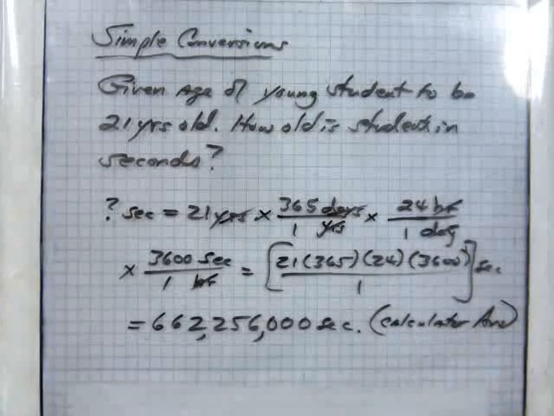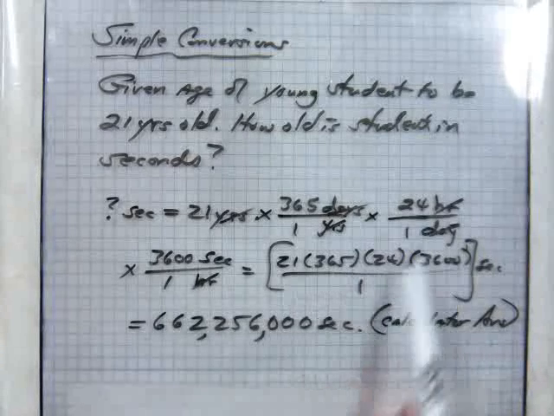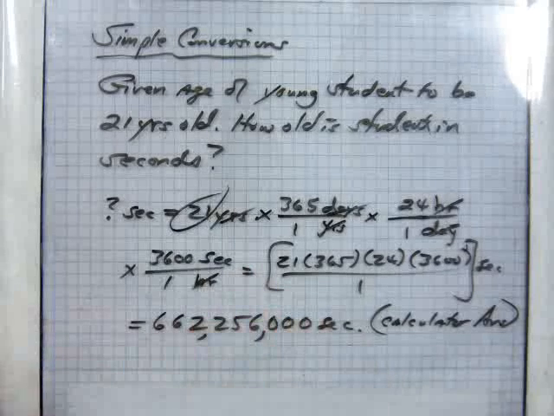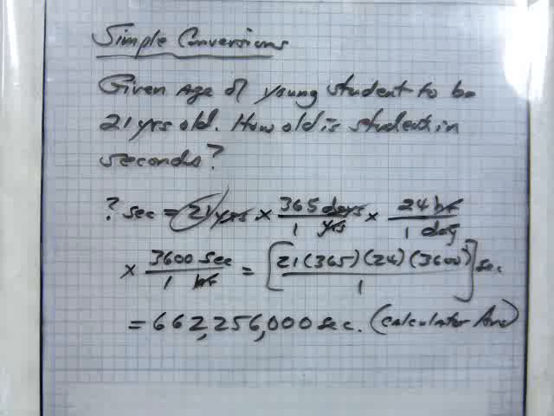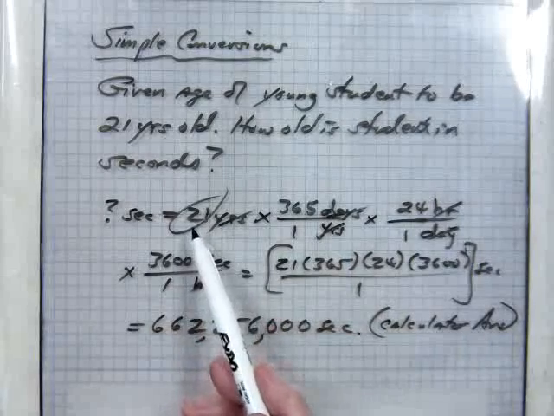How should we report this answer in terms of significant figures? The conversion factors, do not use those to define the significant figures. You must use data that's given in the problem based on the experimental observations. So in the problem itself that I've given you, it only has 2 significant figures.